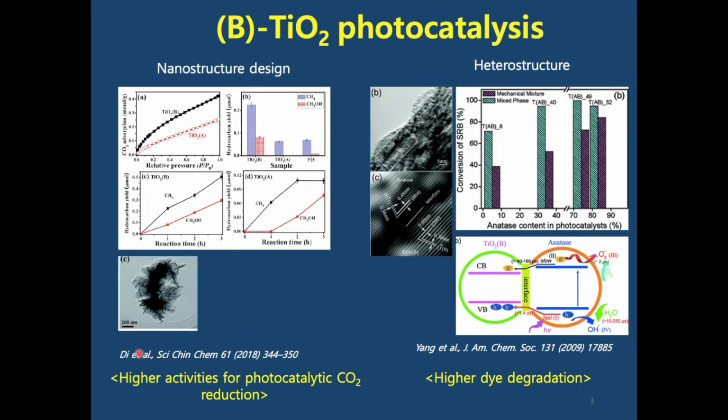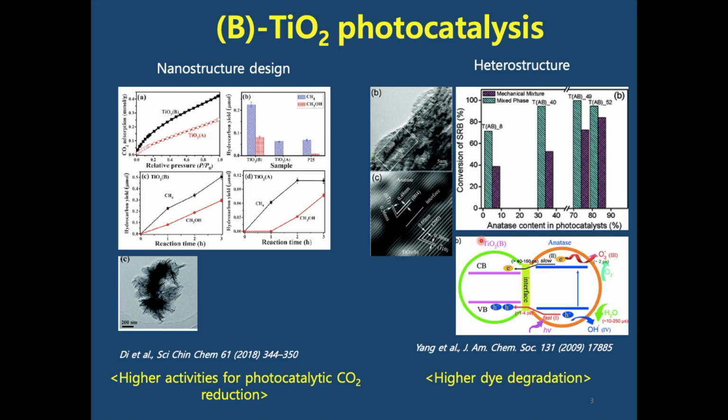B-phase titanium dioxide also shows great promise in photocatalysis. It was reported that photocatalytic CO2 reduction performed by B-phase titanium dioxide shows greater activity than the well-known anatase. Construction of a heterojunction between anatase and B phase has been reported as an exceptional photocatalyst over the pure phases.